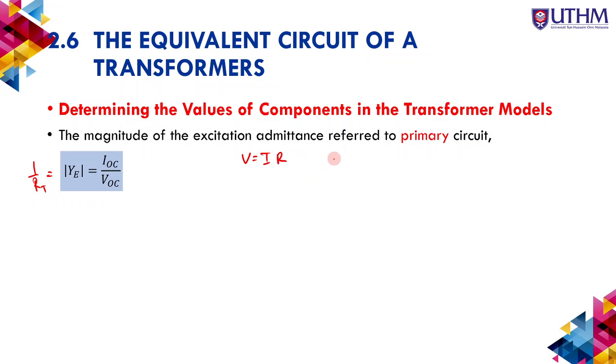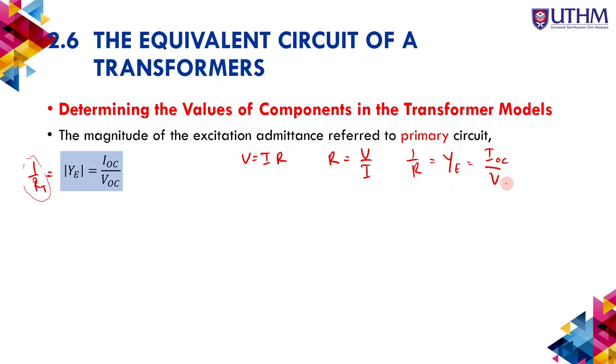Okay, so if you measure the R is the impedance kan, so it becomes V over I. So this one is I over V. So kena ingat it becomes 1 over R. So 1 over R is equal to YE is equal to I over V.